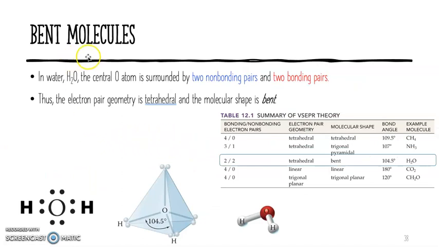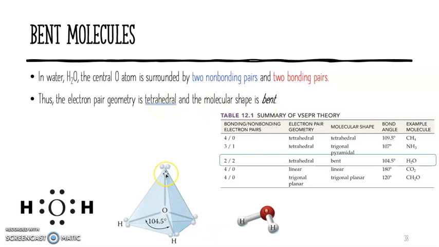How about bent molecules? Water is an example of a bent molecule. The Lewis dot structure of water shows that 2 bonding pairs bond with 2 hydrogens, and there are 2 non-bonding pairs. And therefore, the electron pair geometry is tetrahedral, but the molecular shape is bent.